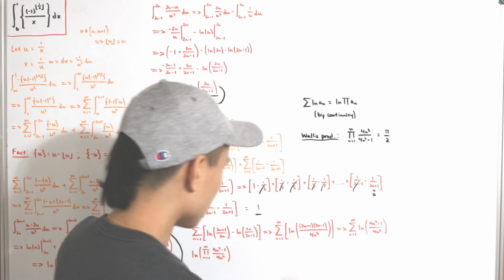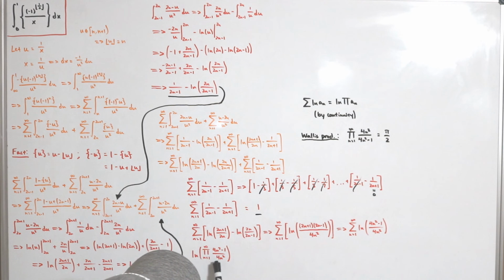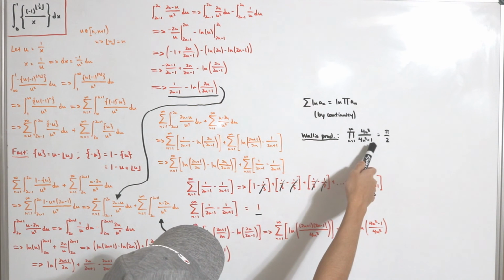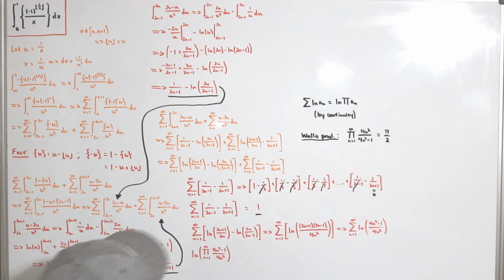Okay, so we can use that. However, because the numerators and denominators are in a different form, I can flip its reciprocal. So we know that this is equal to pi over 2.